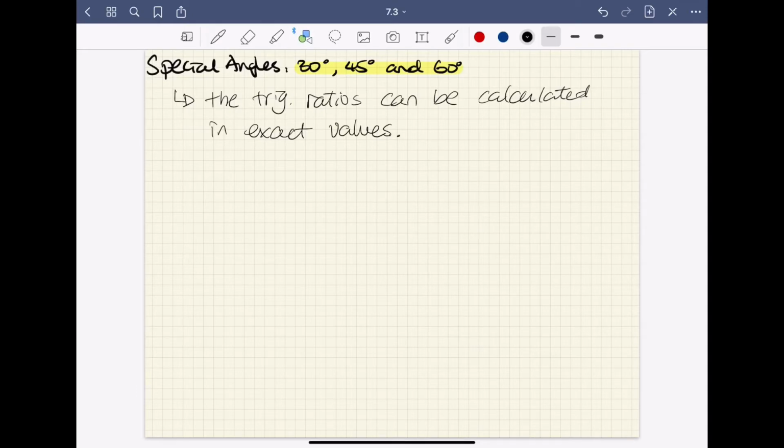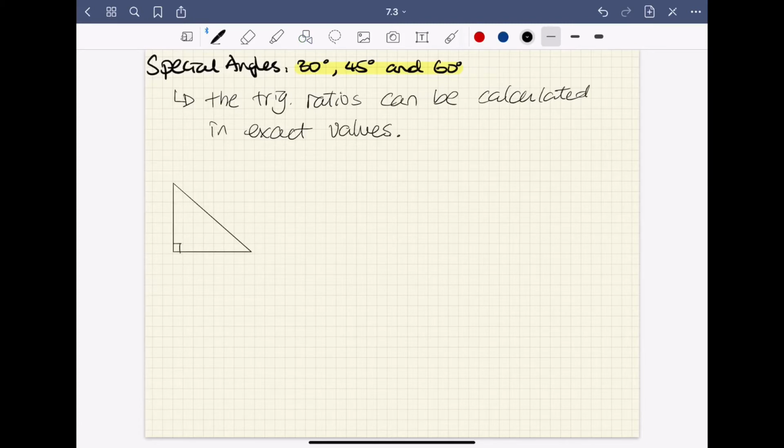Okay, let's consider the 45-degree angle first. In order to calculate the three trig ratios, we'll need to have a right angle triangle, right? So let's draw a right angle triangle that has a 45-degree angle in the triangle.